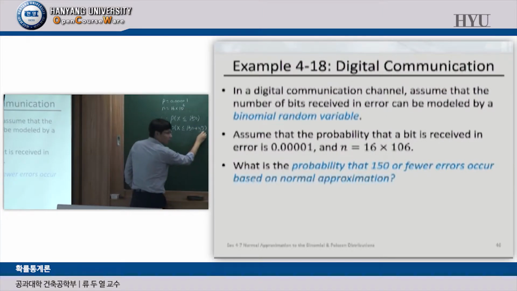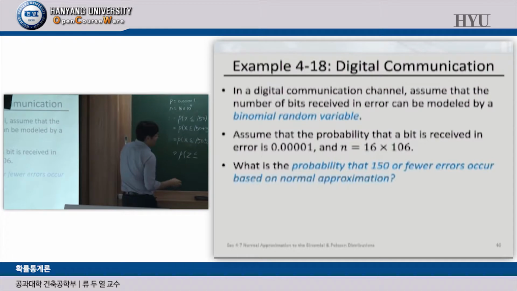This is the correction factor, okay? And so this can be written as the probability of x when x is smaller than or equal to 150.5, okay?